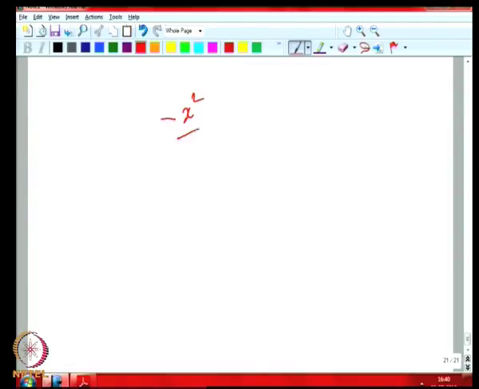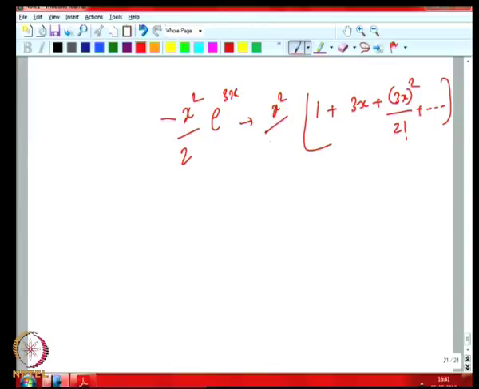If you want to find the contribution of the coefficient of x raised to 12 from this, you know e raised to 3x will be 1 plus 3x plus 3x whole square by 2 factorial and so on as usual, but because we have to multiply this by x square by 2, let us remember the 2 separately, and the x square goes and multiplies everything here. So this will become x square, this will become x cube, and this will become 3 square x raised to 4 and so on.